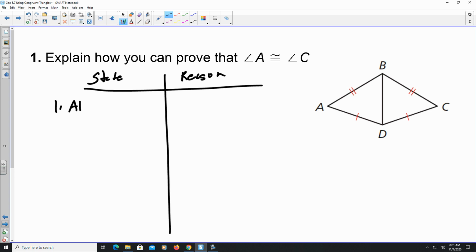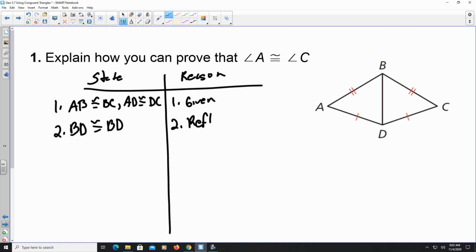They say that AB is congruent to BC. They also say that AD is congruent to DC. That is given. All right. They don't show it, but BD is going to be congruent to BD due to the reflexive property. And all of the sides are congruent.